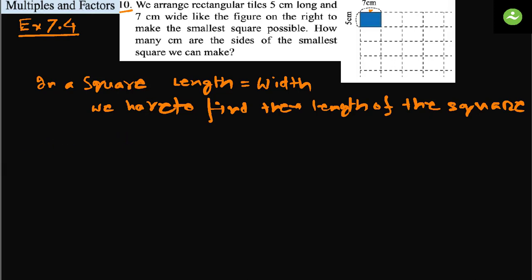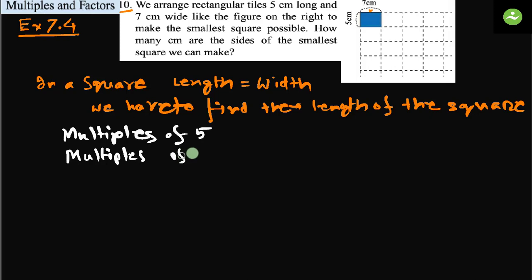We already know multiples of 5 and multiples of 7.